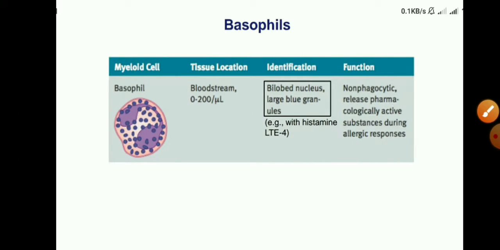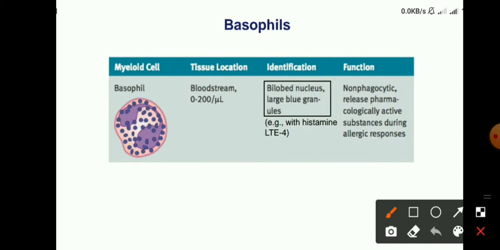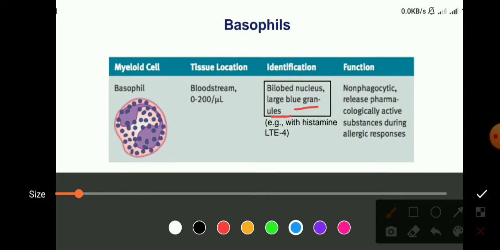And now we have basophils. Basophils are found in the bloodstream. They have a bilobed nucleus but large blue granules. You can see the blue granules here.